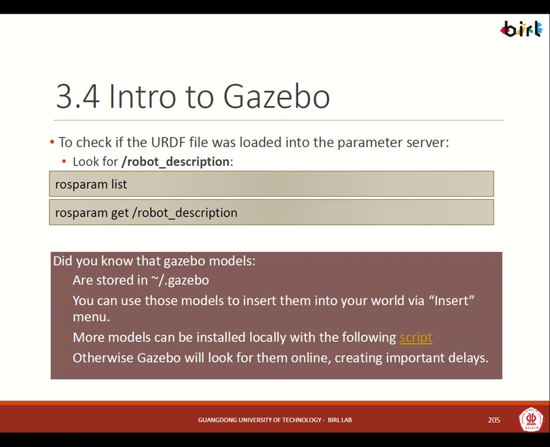And a few more things about Gazebo models. When we say let's load a cylinder, actually, that model needs to exist somewhere in your computer. It's not just magic, right? There's a model for the way that it looks. And in Gazebo, all models are stored in the hidden folder .gazebo, don't forget the dot, in your home folder, in your username folder.